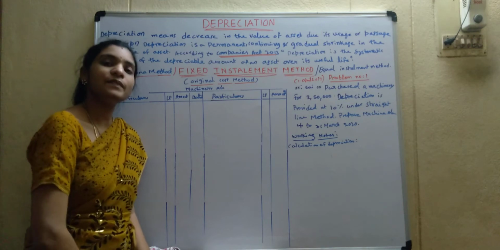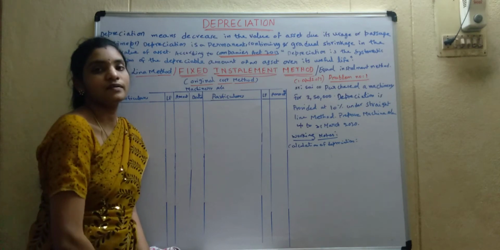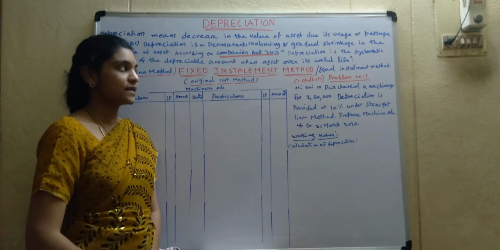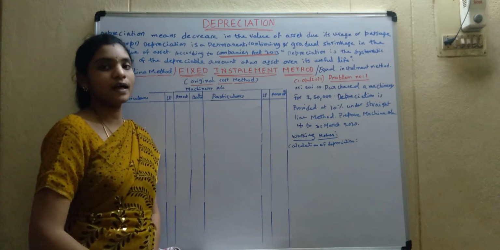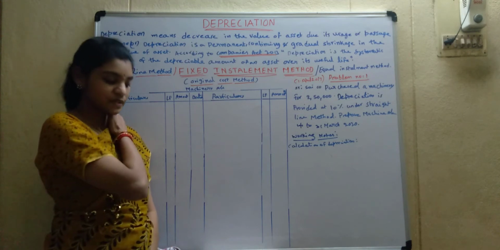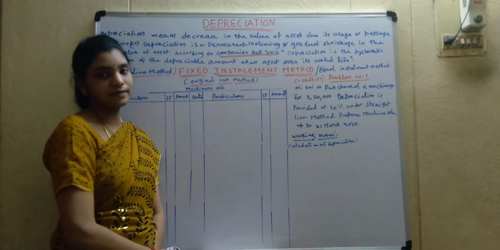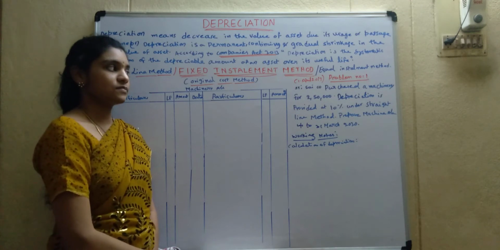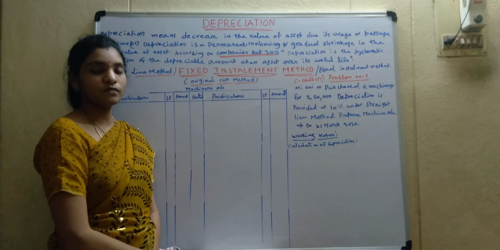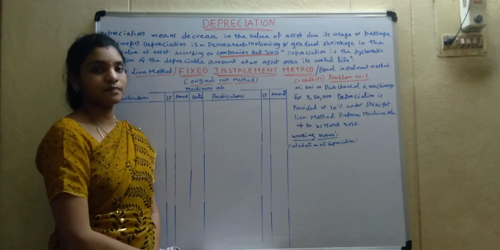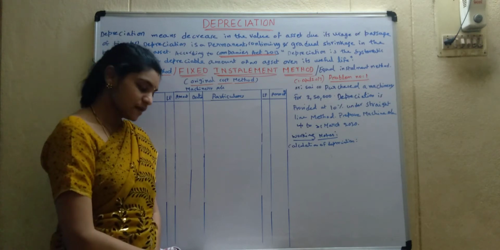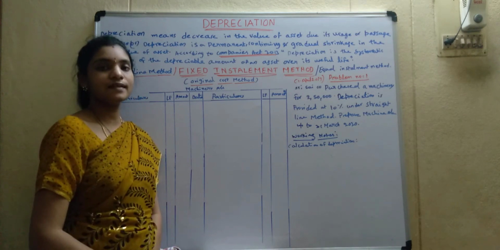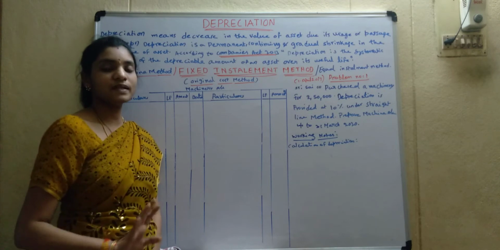We have to submit returns to the department, and the IT department does not recognize this method. So we have to show the depreciation in another method like diminishing balance method or any other method. But with this method we can depreciate the asset till the asset value becomes zero.